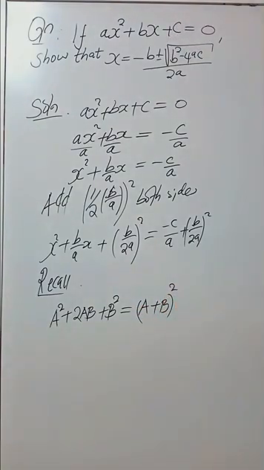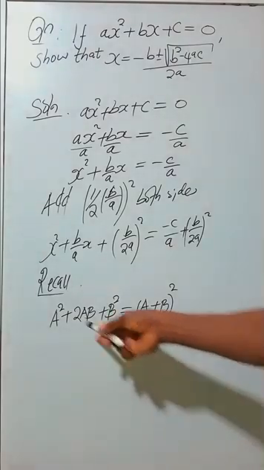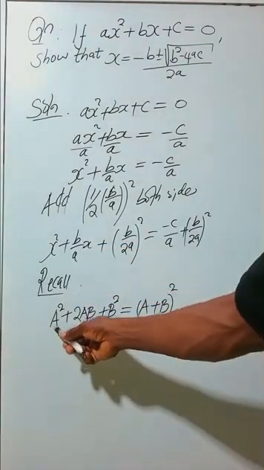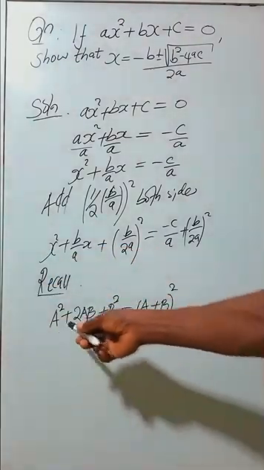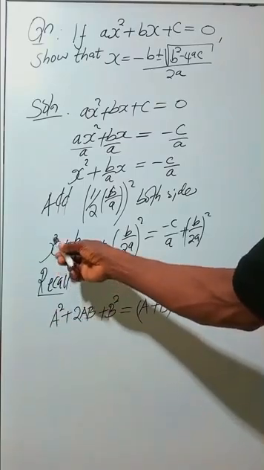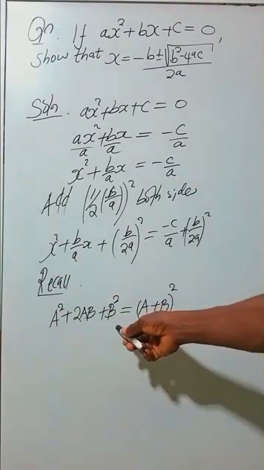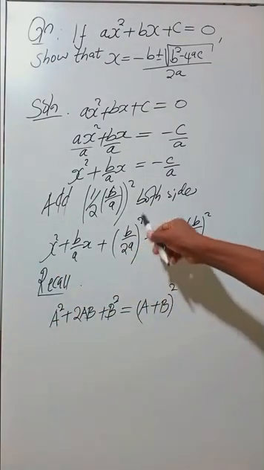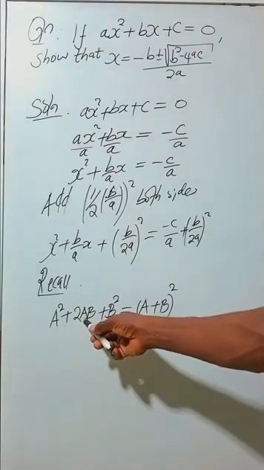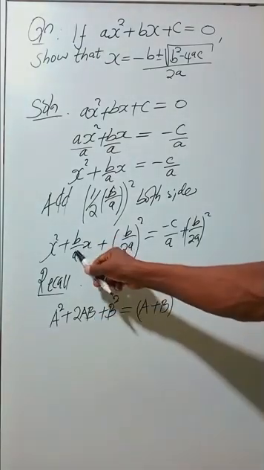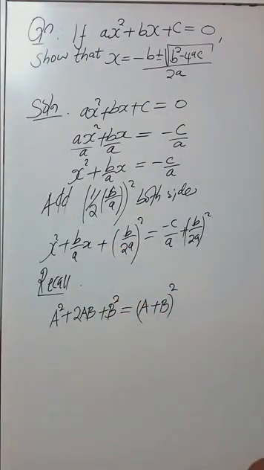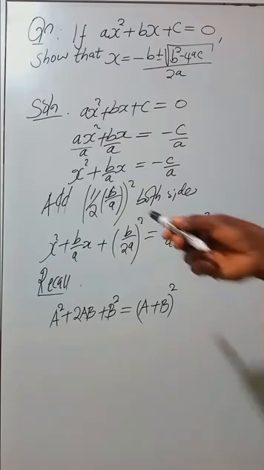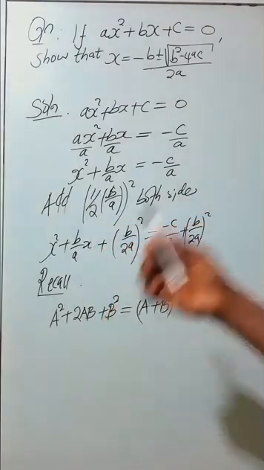So for this case here, our A is x. A squared is our x squared. Our B squared is this bracket, the whole of it. And our 2AB is this b over a. This is our 2AB.